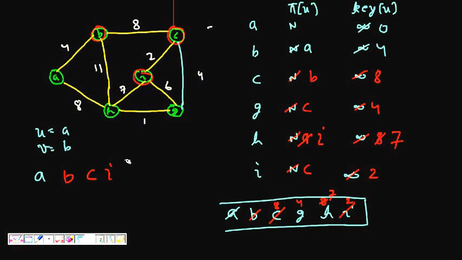So now I is done and we have G and H. G is smaller, so we will take it out. So we come to G, and then we see that from G we can go to C, which is already out of the queue. I is out of the queue, and H is there.